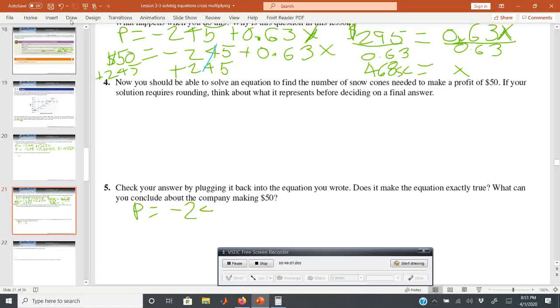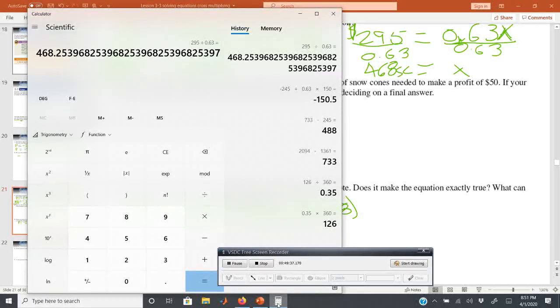So we can go back to our equation and put 468 where the x was. Because x was the variable waiting for a number. We now think we have that number. Let's put it there and see. So I'm going to go to my calculator.